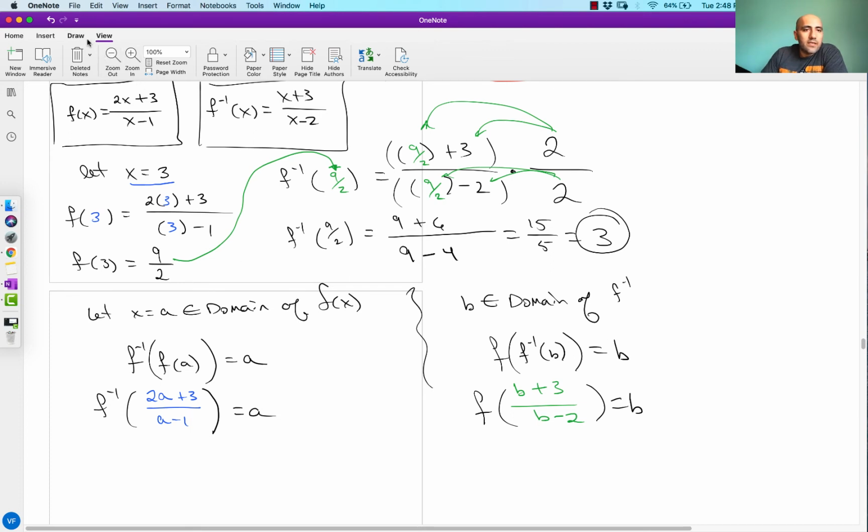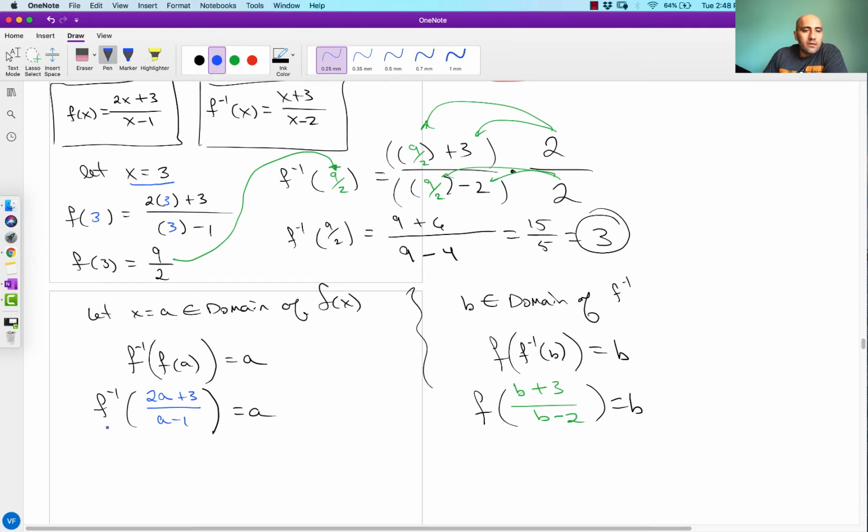So that means this is going to be 2a plus 3 divided by a minus 1, this guy plus 3 in the numerator, divided by the same guy minus 2.